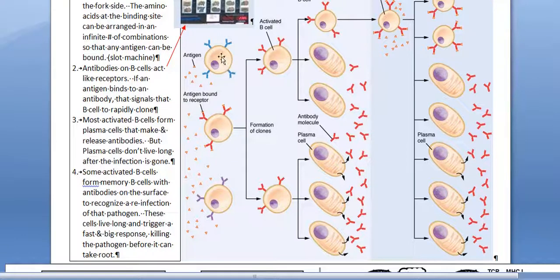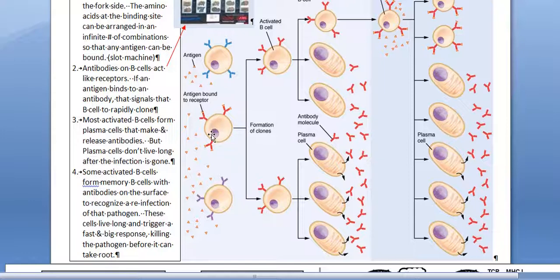It could be like 10 billion others don't work, but this one works. Hey, you're the one to reproduce. So that orders this one to undergo rapid clonal proliferation, and you make tons of these exact same copies to make the antibody that works and gets that antigen. All right. So the one that works, it replicates.